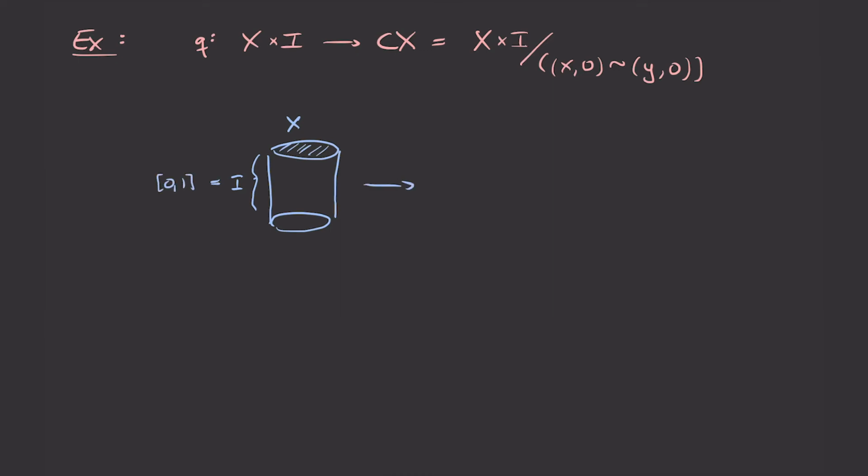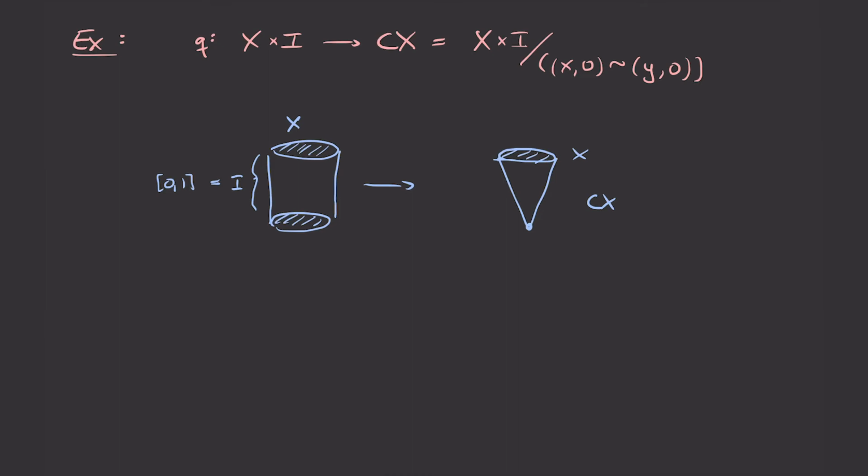Now we take a quotient where we identify all of the points that have coordinate 0 in the unit interval. So we're basically identifying all the points that lie in this bottom copy of X to a single point. And this thing is then the cone over X.